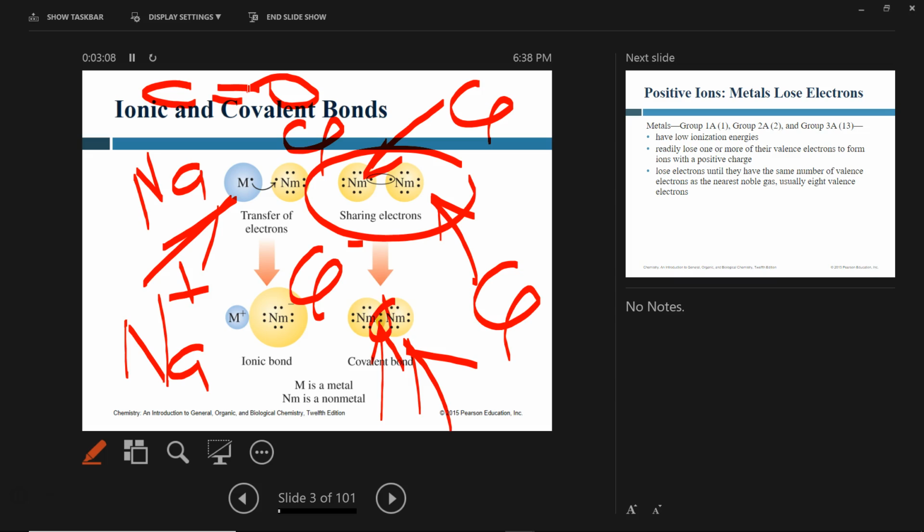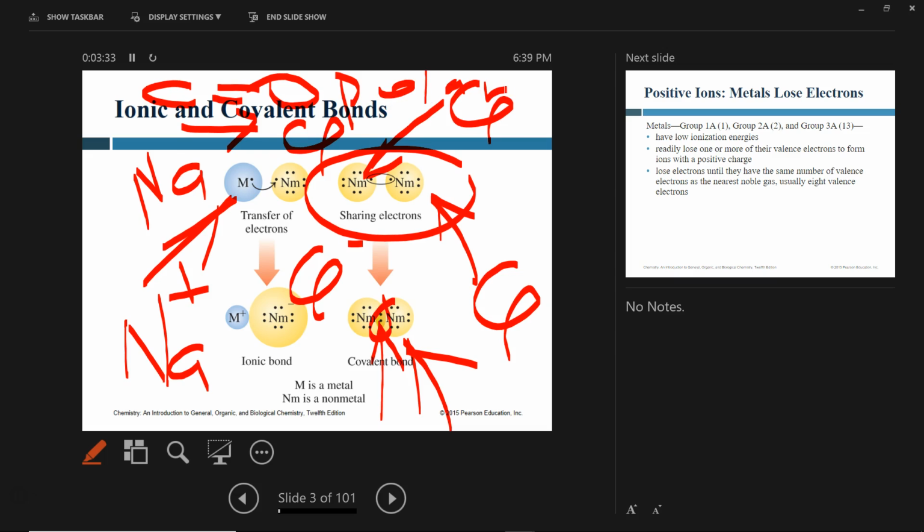So it steals these 2 from carbon. Not completely. They still share, but those electrons belong more to which atom? Oxygen. So this bond essentially is slightly polar. Oxygen pulls electrons towards itself. Does that make sense? Kind of. So this is also covalent, but it's covalent polar.